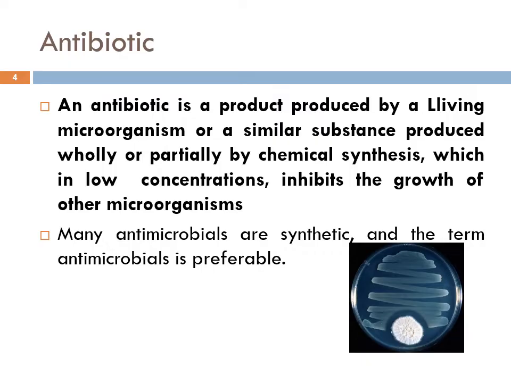For example, penicillin is actually a product of the penicillium fungus, and as we see here, this is staphylococcus, and penicillium produces penicillin, which inhibits the growth of Staphylococcus aureus around the growth of penicillium.